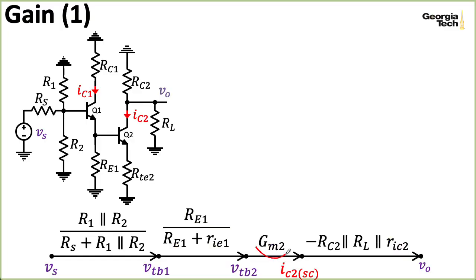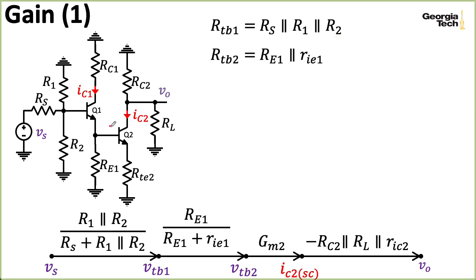Now, to compute this big GM and these RIE and RIC terms, we're going to need some other quantities, like the Thevenin equivalent resistance seen looking out of the base, which once I short this independent source here is just these three resistances in parallel. The Thevenin equivalent resistance looking out of the base of Q2 is just going to be this RE1 in parallel with RIE2, which is the Thevenin equivalent resistance seen looking up into the emitter of Q1.